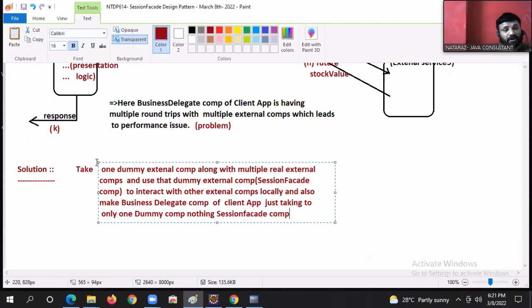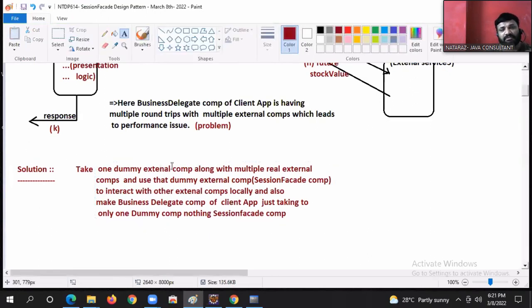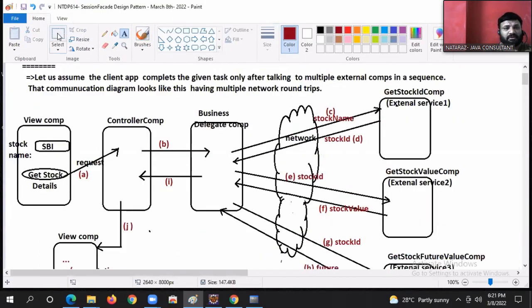Only one dummy component, nothing but the SessionFacade component. Are you understanding my statement, guys?